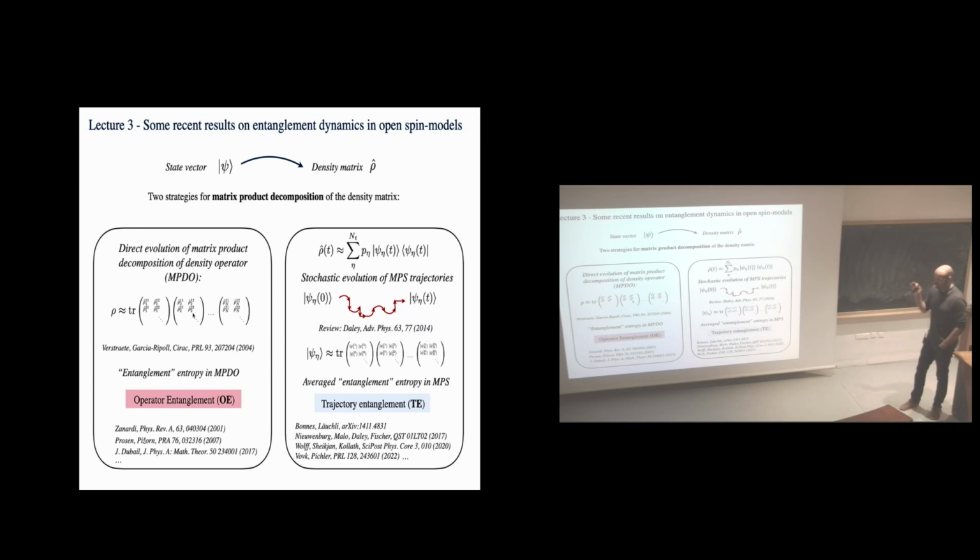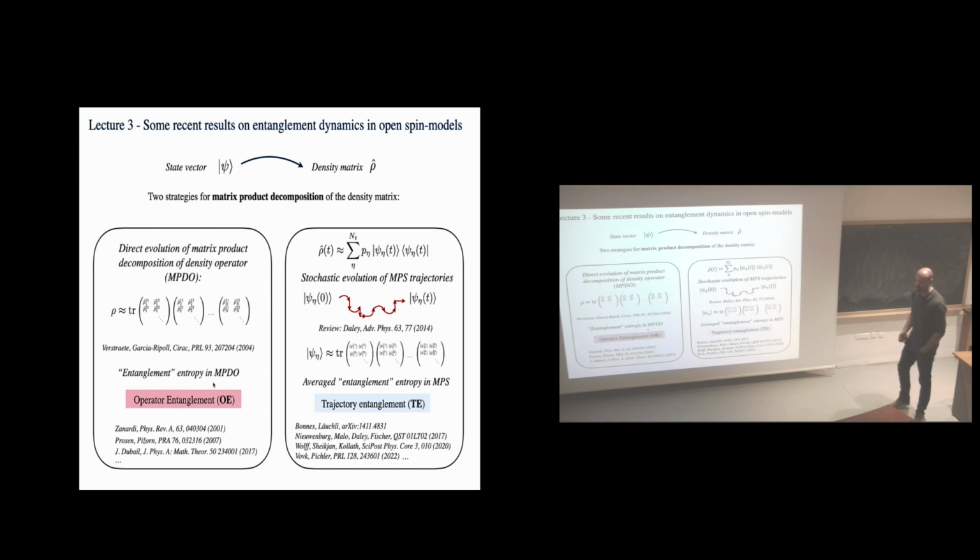But one does not need to care about this, because the important thing for this MPS business is that you use this entropy as a number to summarize how easy or hard it is to do a simulation in practice. So even if it does not mean entanglement, and even if people still call it entanglement, it's just a pragmatic, important number that tells you how efficiently you can compress a density matrix if you want to write an MPS.